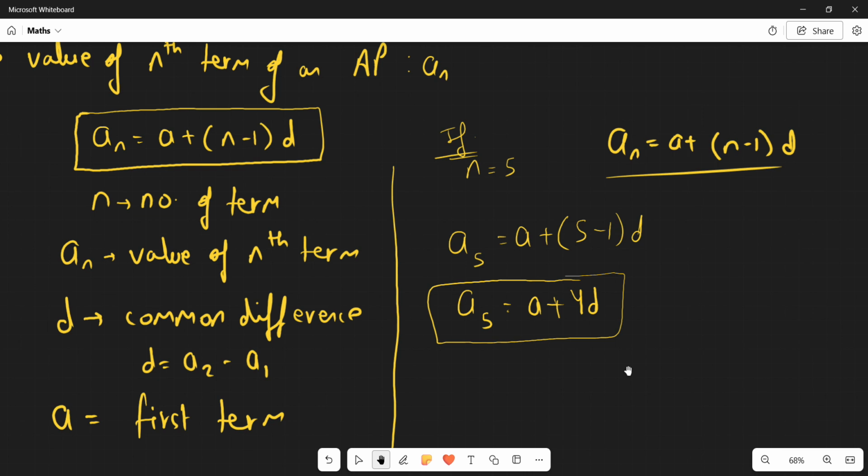Let me show you all these with the help of some example questions. So the question for us is, show that 8, 11, 14 forms an AP.